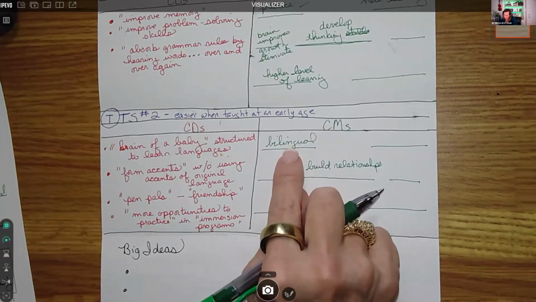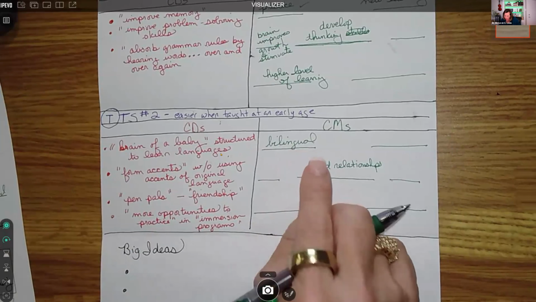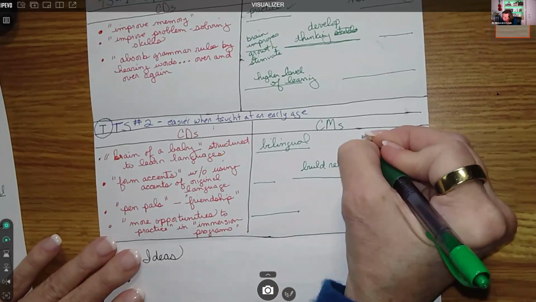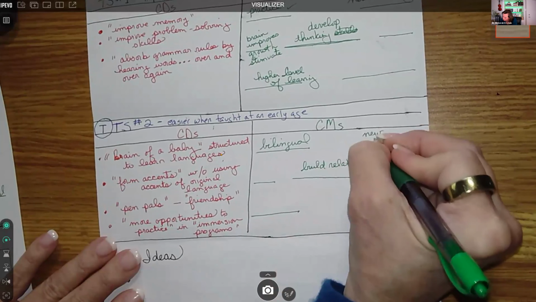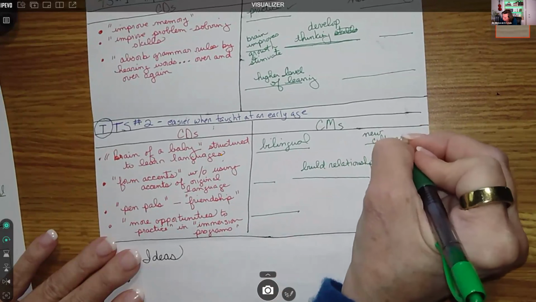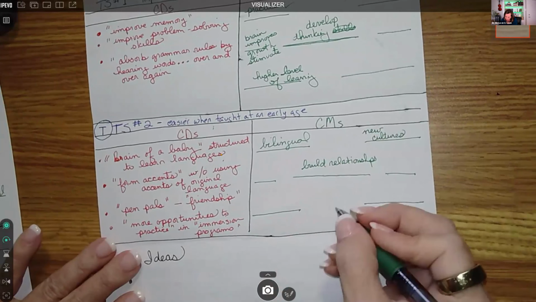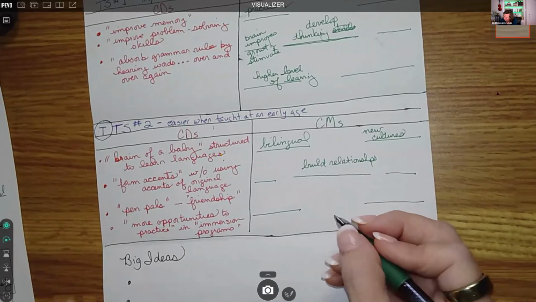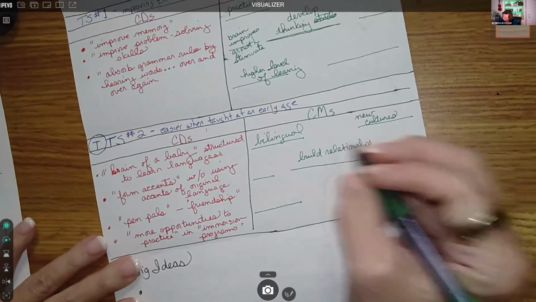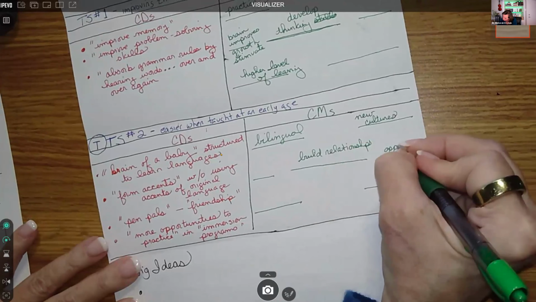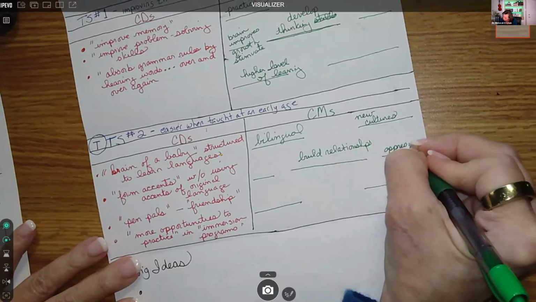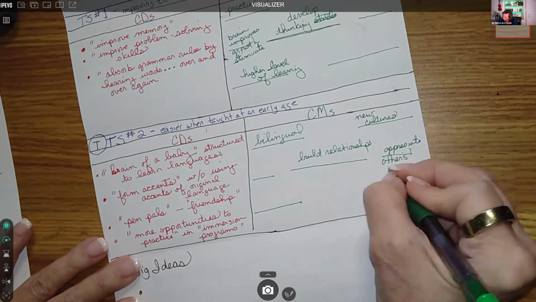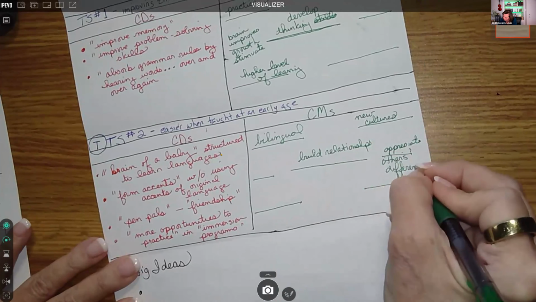And then I thought, when they're bilingual, that they learn about new cultures, that they appreciate others' differences, right?